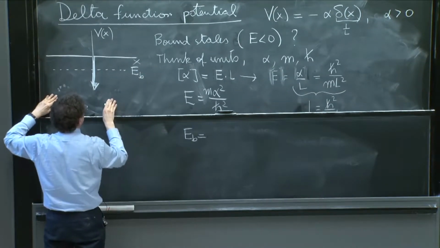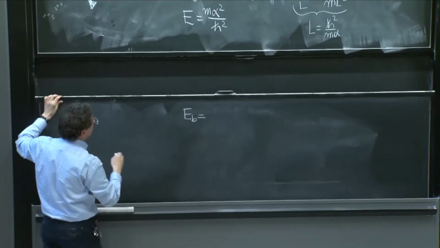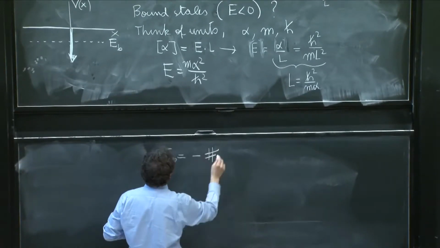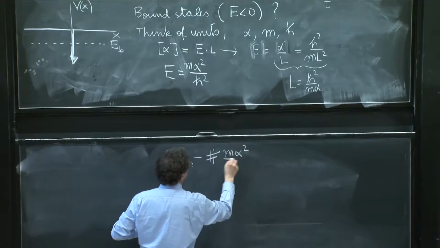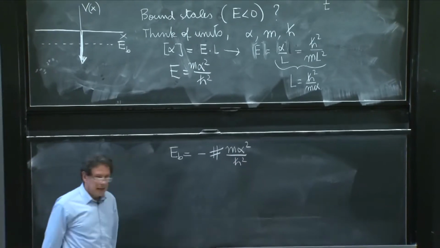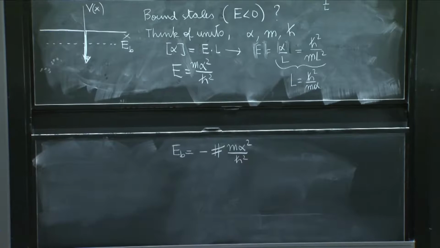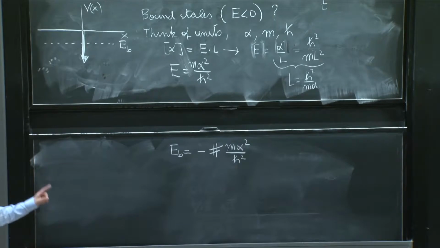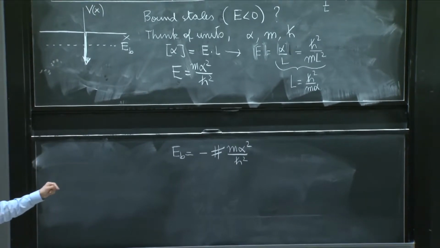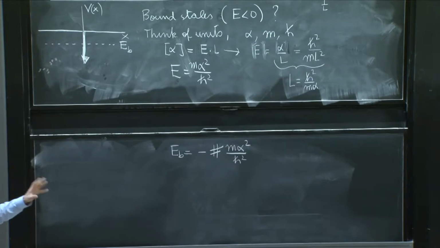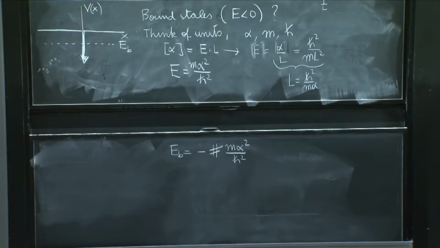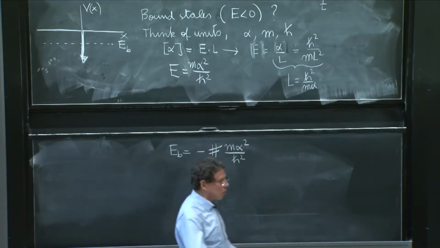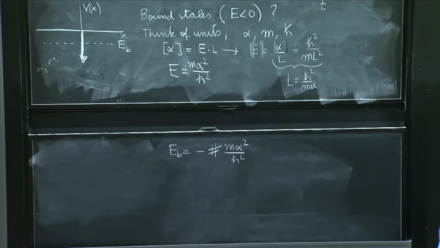The energy of a bound state, if it exists, would have to be negative some number times m alpha squared over h bar squared. And that's very useful information. The whole problem has been reduced to calculating a number. It better be, and the answer cannot be any other way. There's no other way to get the units of energy. So if a bound state exists, it has to be that, and that number could be pi, could be 1/3, 1/4, could be anything.